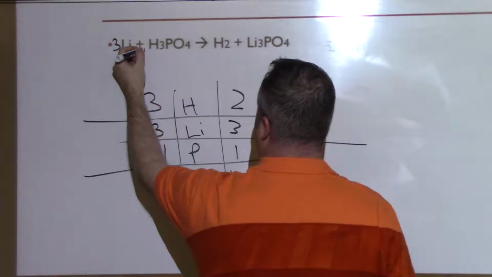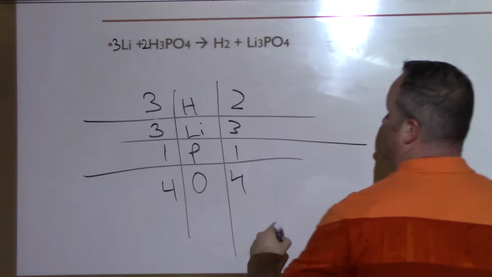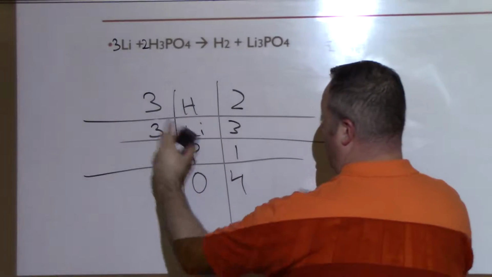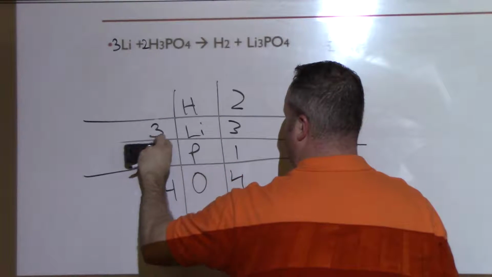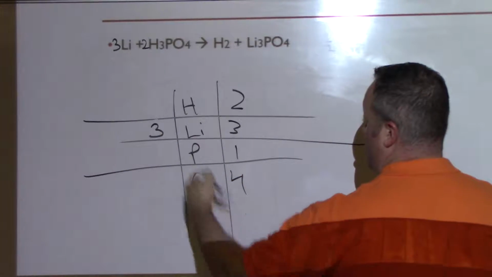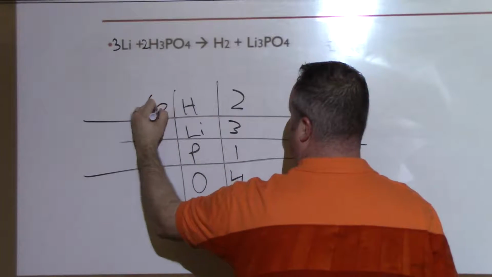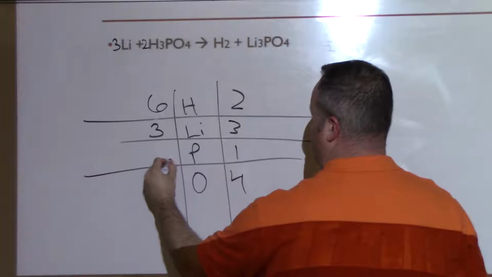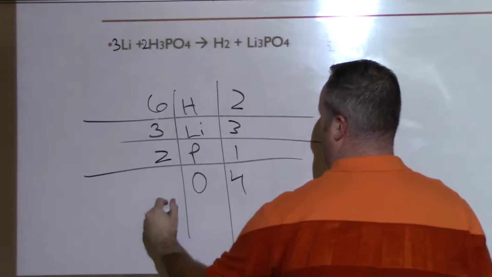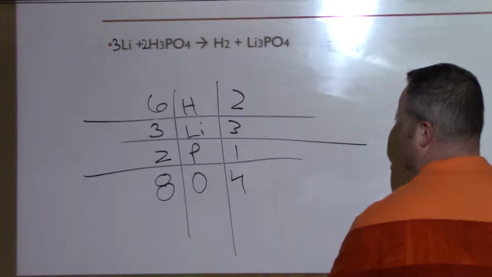If I place a 2 here, then that's going to give me, well, actually that's going to change a lot of things. It's going to change everything but the lithium. So now I have 2 times 3, which is 6 hydrogen. I have 2 times 1, which is 2 phosphorus, and 2 times 4, which is 8 oxygen.